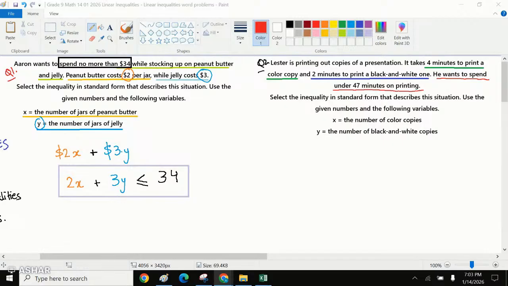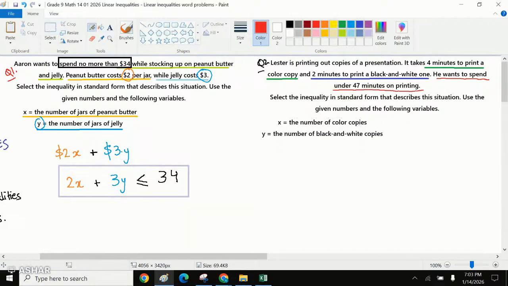Use the given numbers and the following variables. Let's see what the variables are given to us. The given variables are X represented the number of color copies. So we can say this is the X that is representing the number of color copies, and Y represents the number of black and white. Agreed? Do we agree on this?